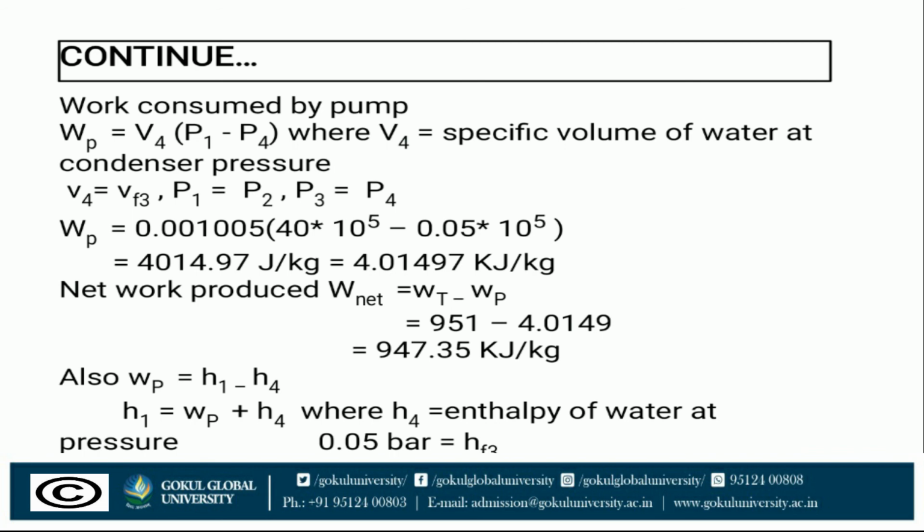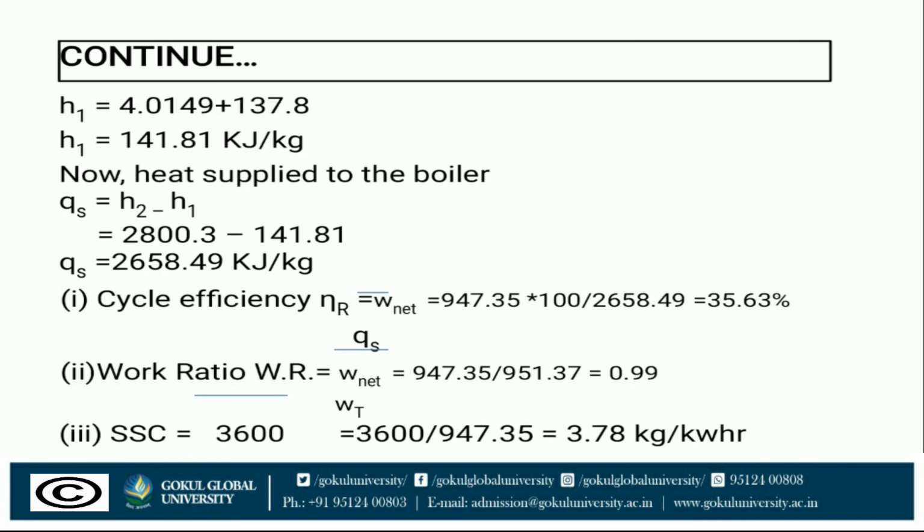Therefore, H1 is equal to WP plus H4, where H4 is the enthalpy of water at pressure 0.05 bar, considered equal to Hf3. Now H1 is equal to 4.0149 plus 137.8. Therefore H1 is equal to 141.81 kilojoule per kg.